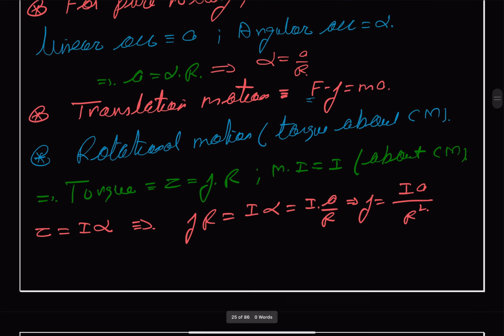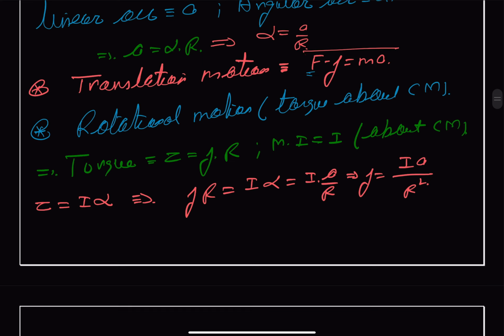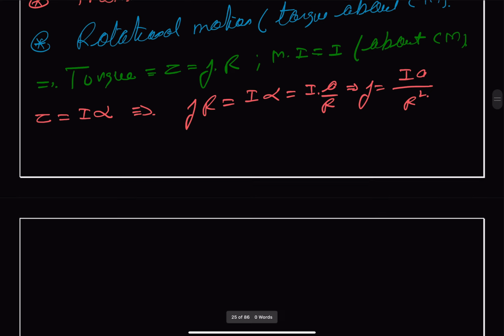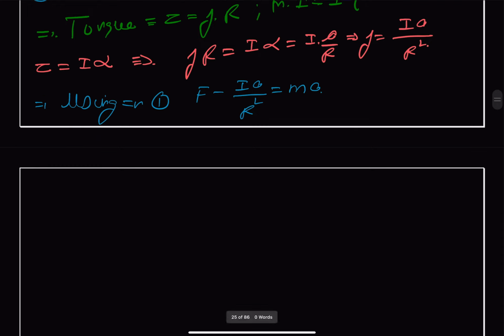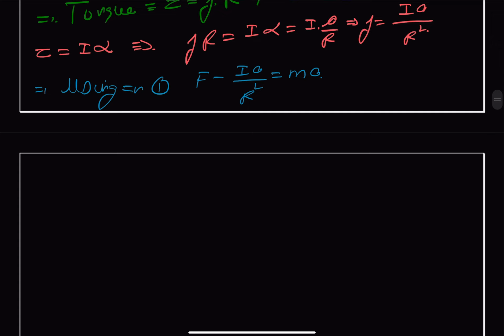Let us call this equation number 1. Using equation 1, we can write F minus I a upon R square will be equal to m a, and with a minor adjustment we get F is equal to m a plus I a upon R square.